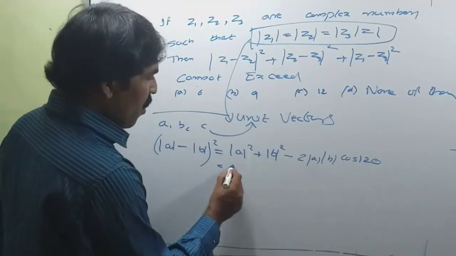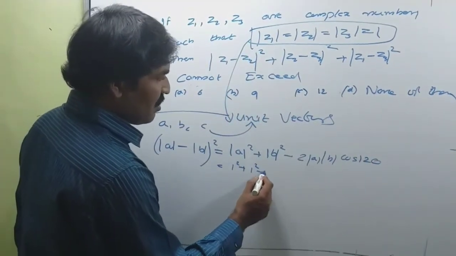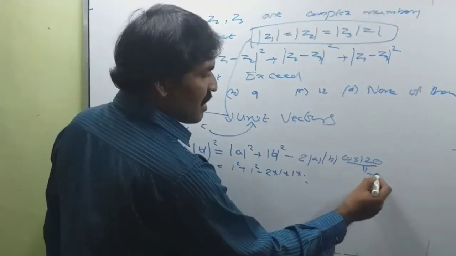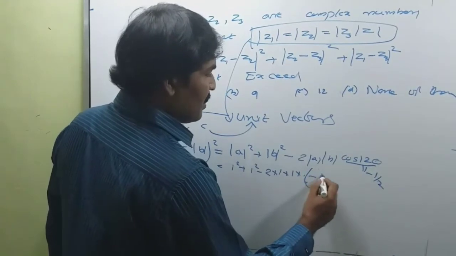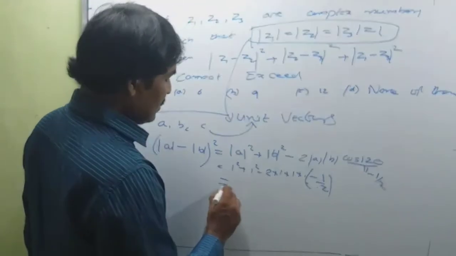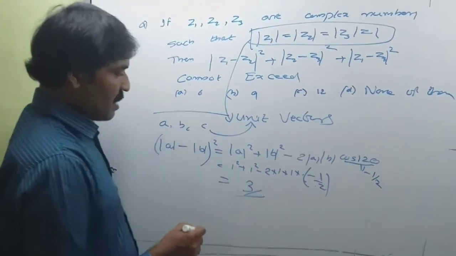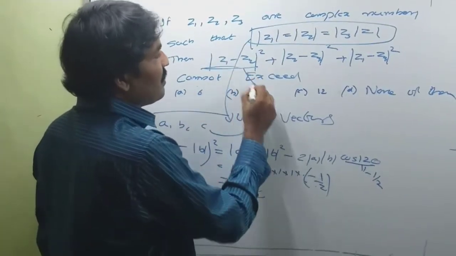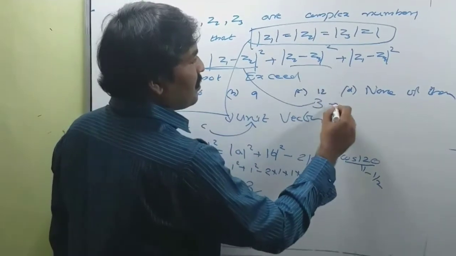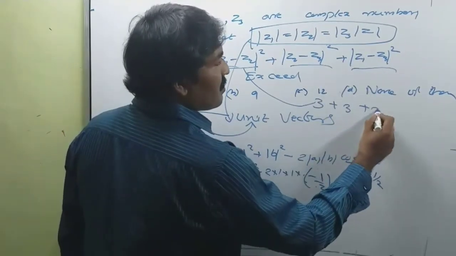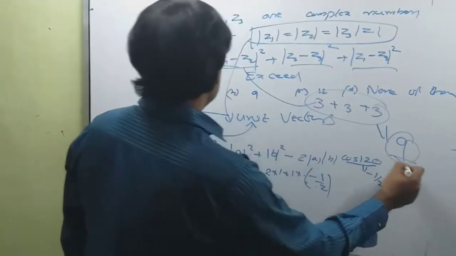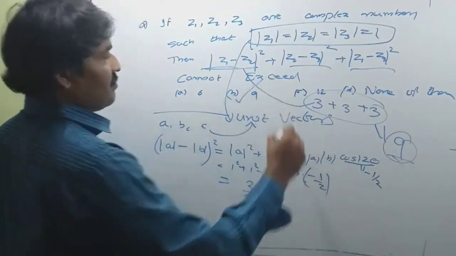That is equal to 1 square plus 1 square minus 2 into 1 into 1 into cos 120, which is minus 1/2. So into minus 1/2. So this is equal to 3. So the value of this becomes 3 plus 3 plus 3. So it should not exceed 9. So answer is B.